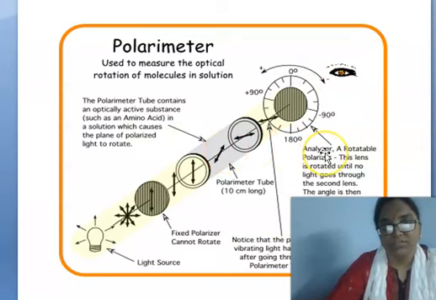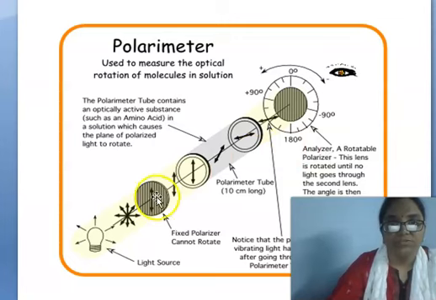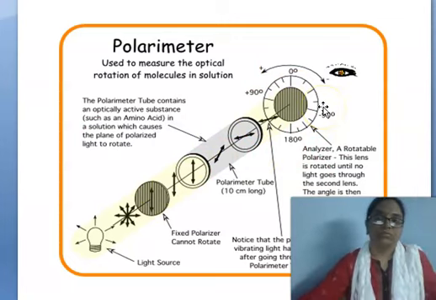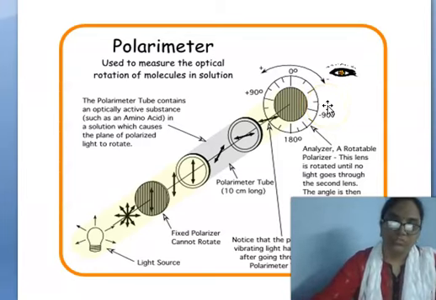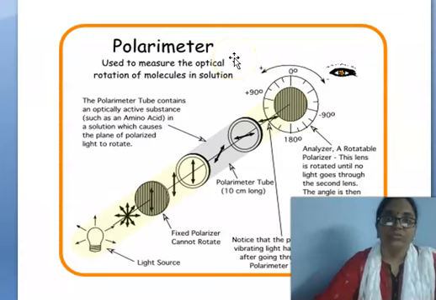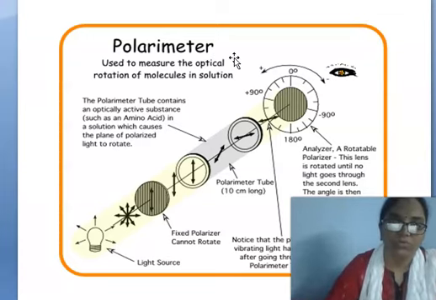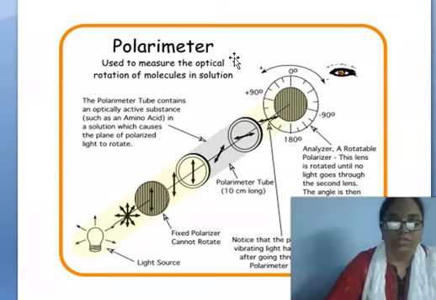Optical isomerism can be explained by using this polarimeter instrument. In a chemical laboratory, we use this instrument to measure the optical rotation values of any optically active substance.